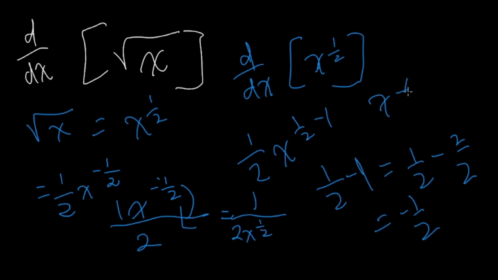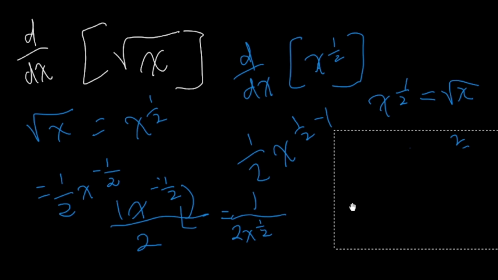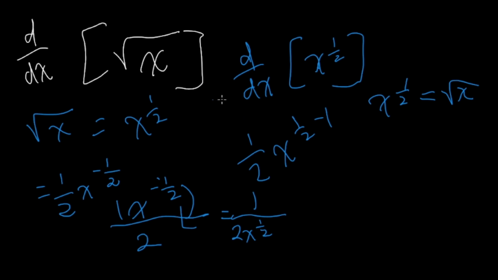X to the power of 1 over 2 is equivalent to the square root of x, and so the final answer is 1 over 2 times the square root of x.